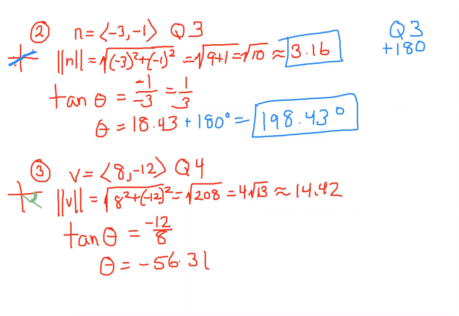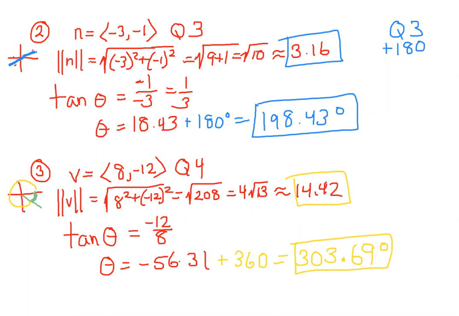We want this angle. So what are we going to do? We are going to add 360, and we get 303.69 degrees for our theta and 14.42 for our magnitude. So if your vector is in quadrant 4, you are going to add 360.